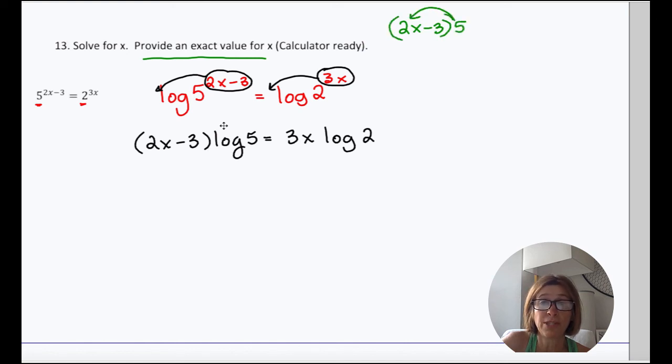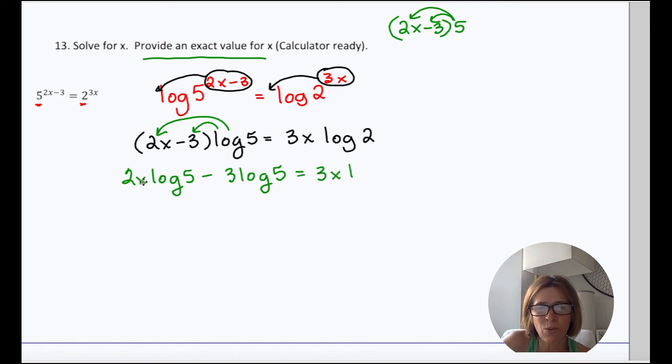Well, now hopefully you say you distribute. So now you're going to distribute the log, because remember, log 5 is a number. So I'm going to distribute. So that's going to give me 2x log 5 minus 3 log 5. Again, keep thinking, log's a number. I know it looks like a word.